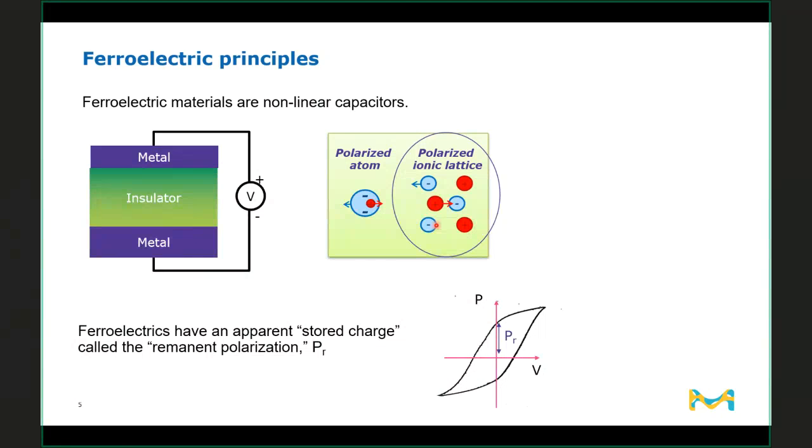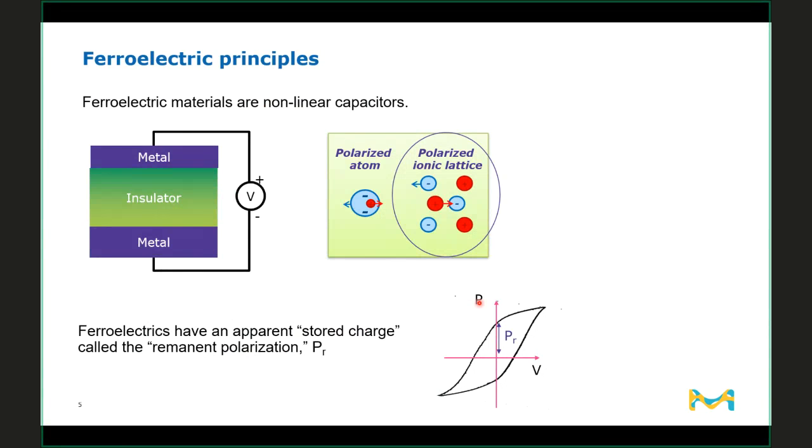The key aspect of a ferroelectric is that there is an apparent stored charge in this material. Overall, the material still looks like it's neutral. It still has the same number of positive and negative charges. But when you take the voltage away, unlike the case of, say, a polarized atom where the electrons would just slosh back to the center again, the charge stays apparent on the material. So that separation of charge that you induced by applying voltage remains.